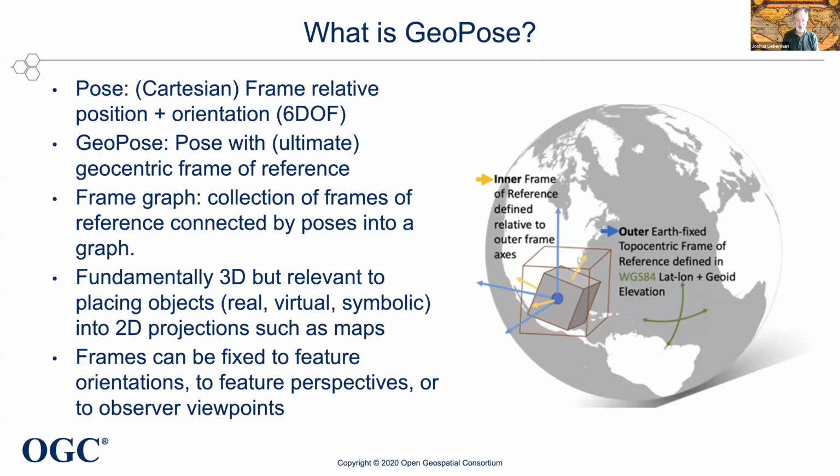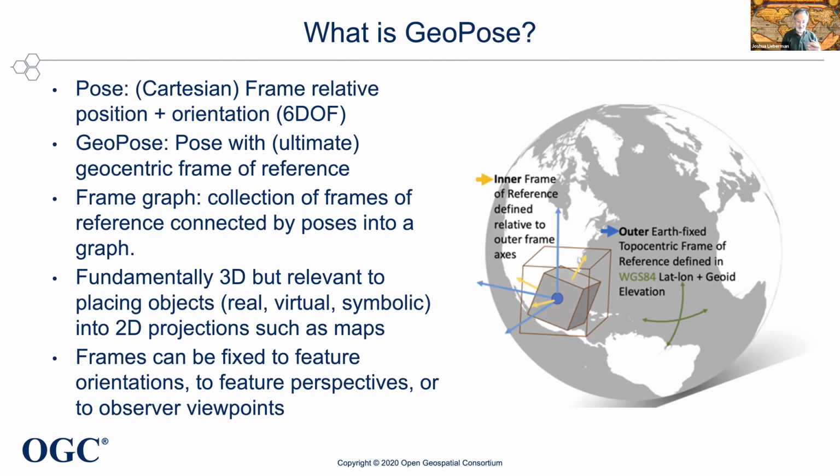It can be fixed to another celestial body, right, for Seleno pose or so on, but for now we're talking about the Earth. The other thing, though, is those frames can be fixed for different purposes. So the base purpose is there's some object, virtual or physical, and the frame is attached to that object, so the object's position and orientation can be determined by the GeoPose.